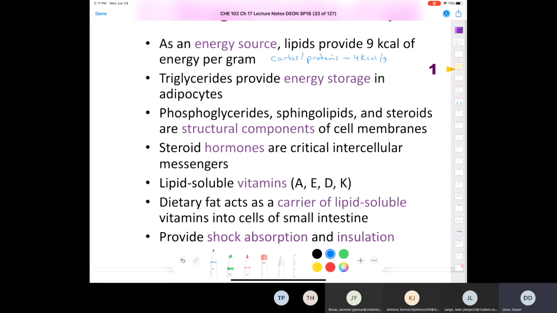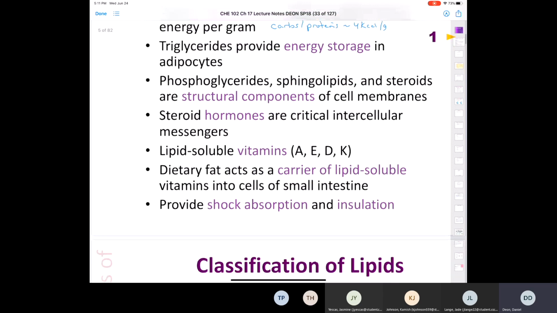Then, of course, the lipid-soluble vitamins, A, D, E, and K, play a major role in the regulation of several critical biological processes, including blood clotting and vision. What else? Let me move down here. The next one says dietary fat acts as the carrier of lipid-soluble vitamins into the cells of the small intestine.